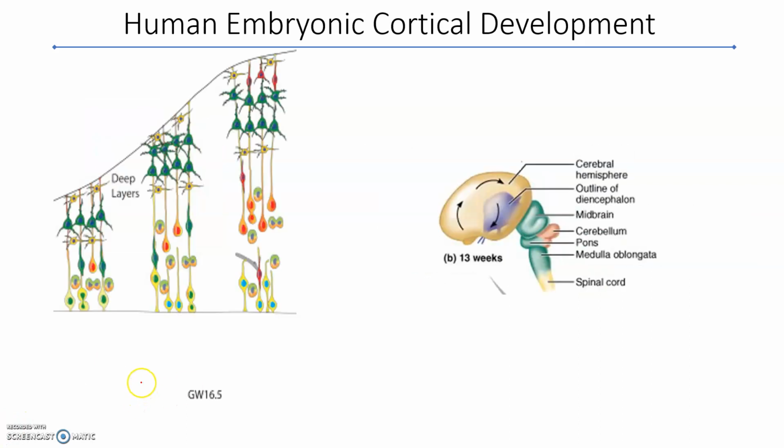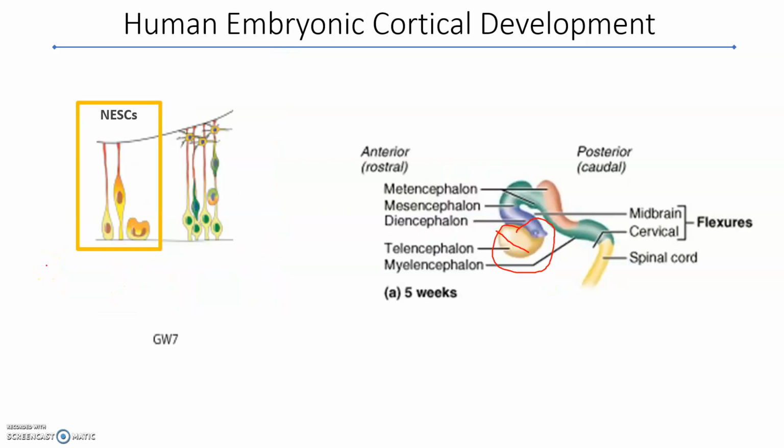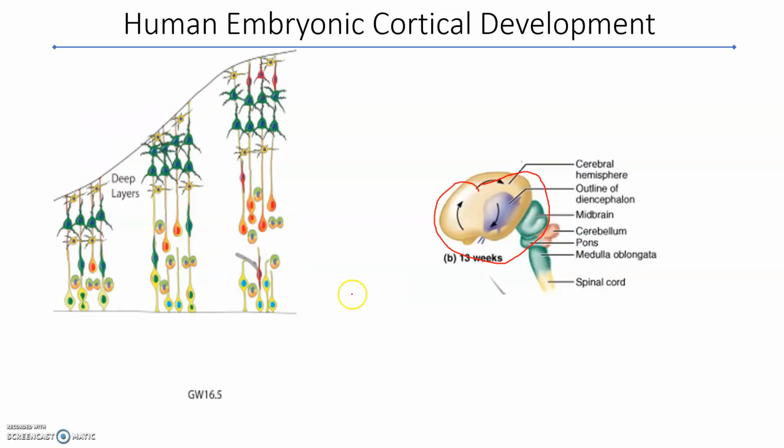As the embryo starts to develop more complexity in the forebrain tissue, we're gonna see how the stem cells start to form different types of neuronal cells.